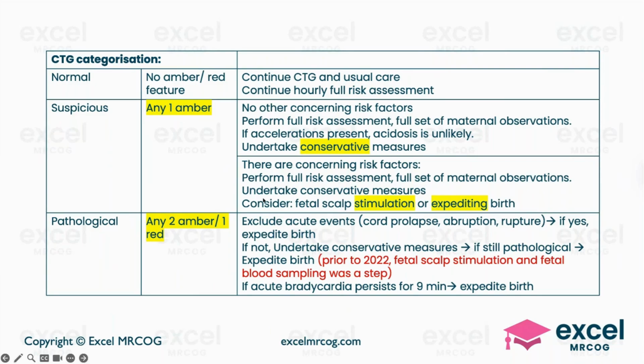But at the same time, we are considering fetal scalp stimulation or expediting birth, depending on the risk level. For example, if this is a previous scar, and I have not found any dehydration, any other reason why she should have an abnormal amber feature at all, I am now worried that it could herald that there is a rupture going on. I might consider expediting birth.